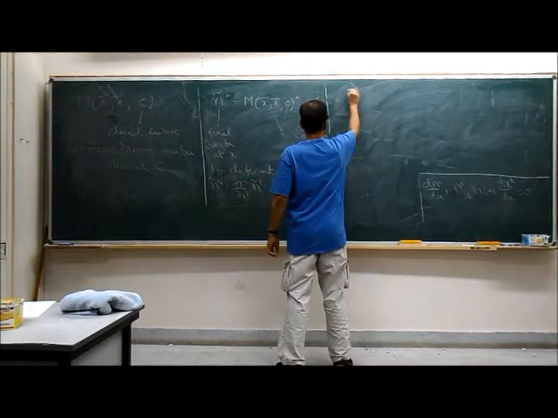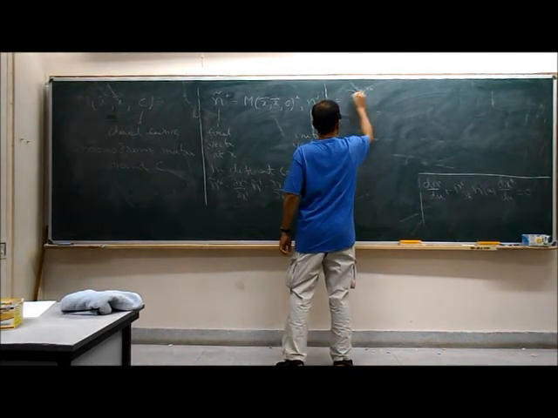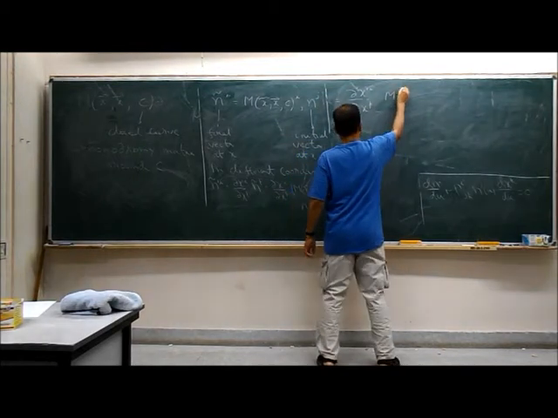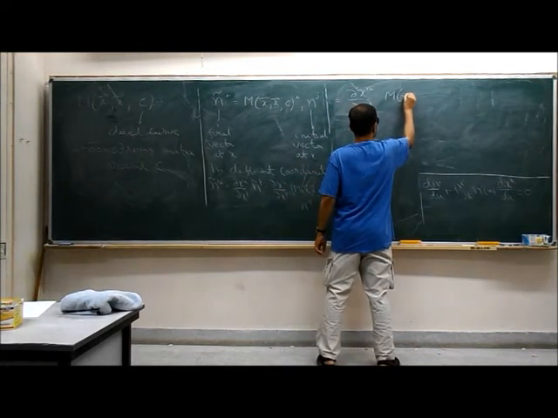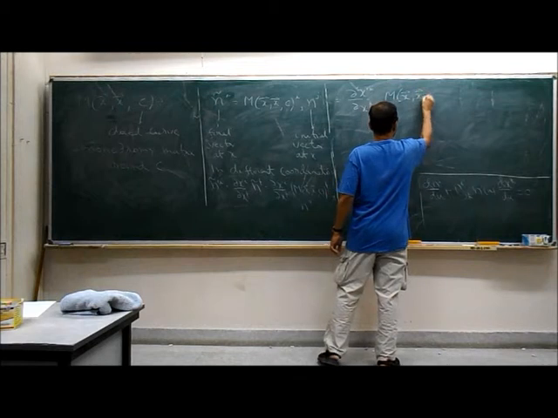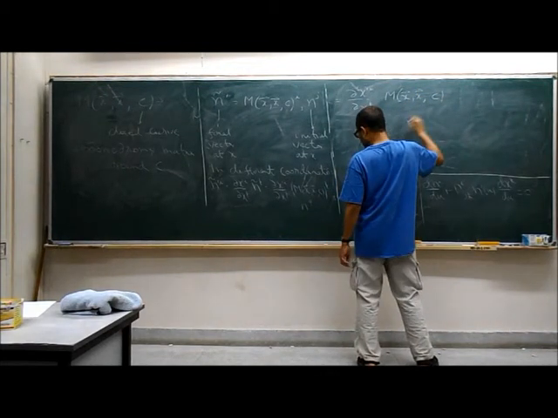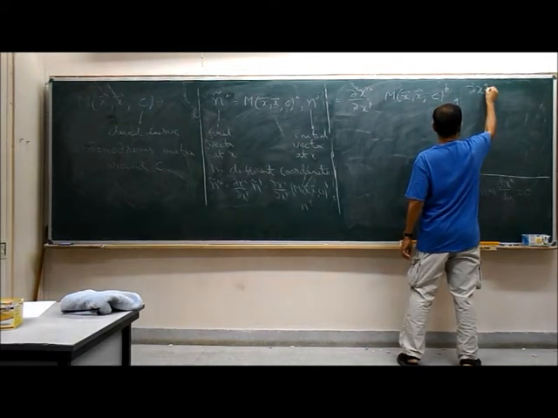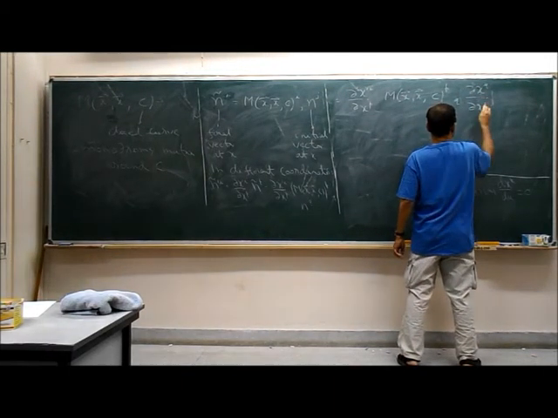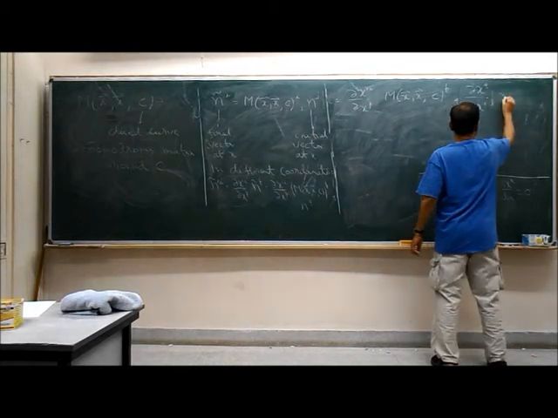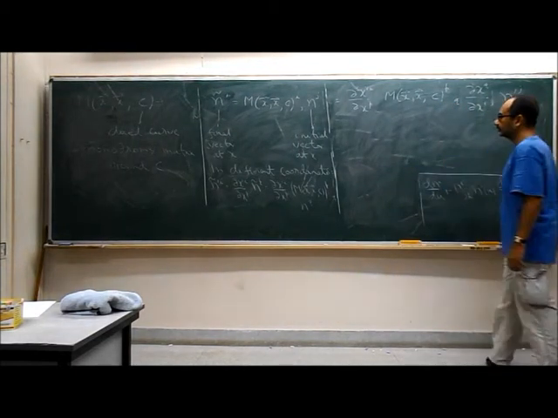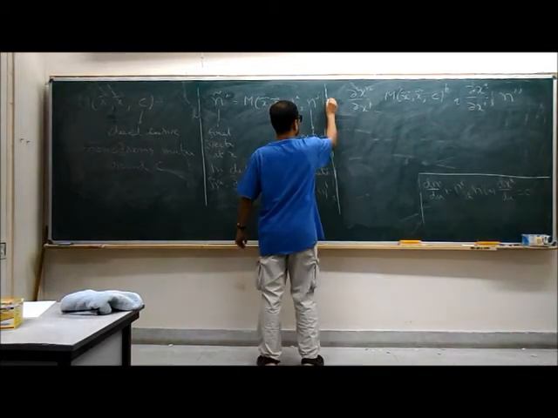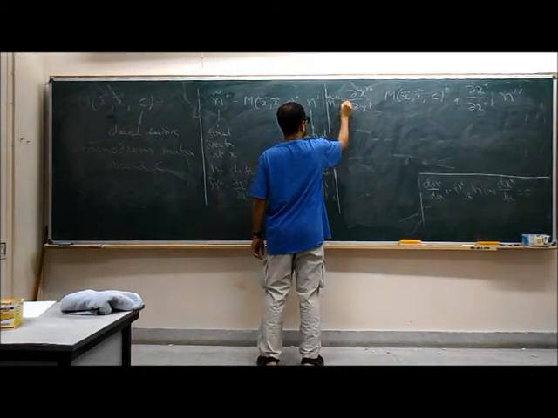So we write this as del x prime i del x p M(x, x, C) p q, and then we have del x q del x prime j n prime j. Okay, so this is the equation for n tilde prime i.